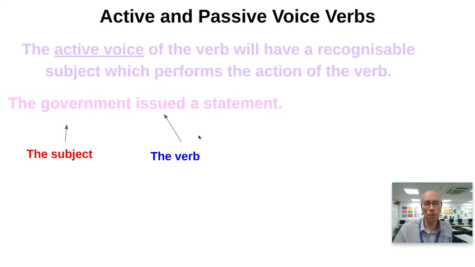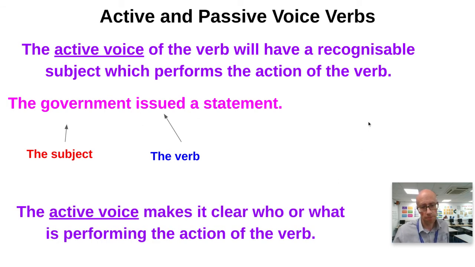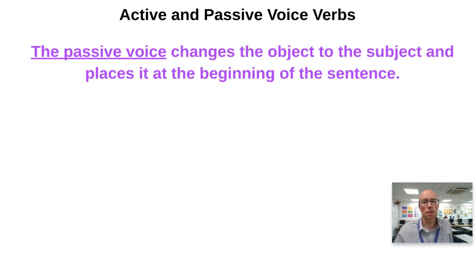Okay, now that's pretty important. So the active voice of the verb will have a recognizable subject which performs the action of the verb. So the government issued a statement. There's the government. There's the verb. It's clear who was issuing the statement. Okay, now in contrast to that, you've got the passive voice.